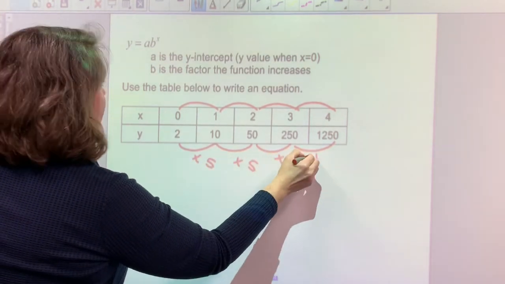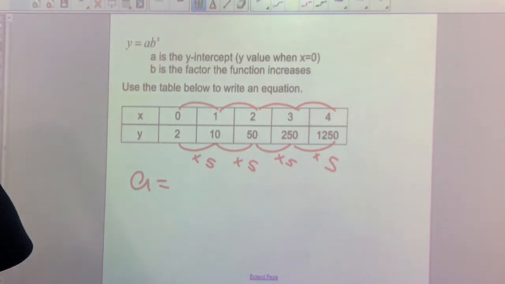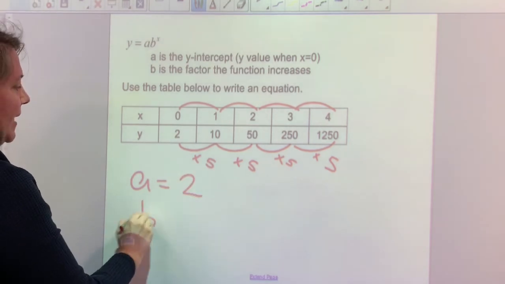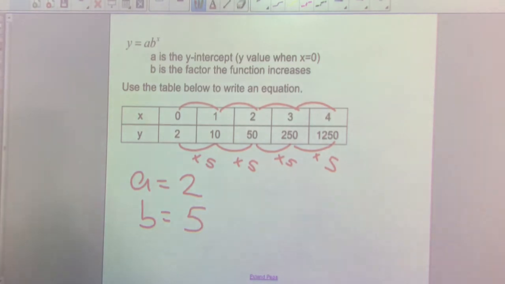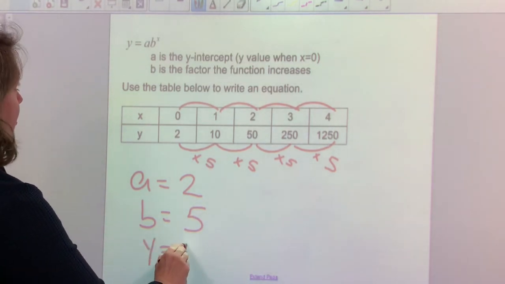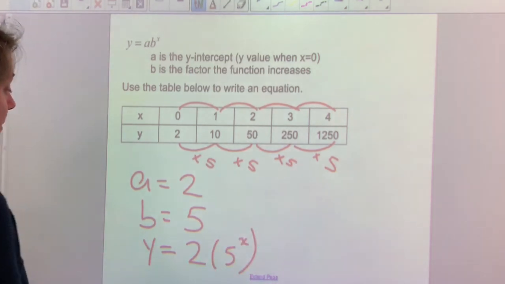Times 5. Times 5. All right. So a is your y-intercept. It happens when x equals 0. So a is 2. b is the factor that your y increases each time. b is 5. So your equation is y equals 2 times 5 to the x power.